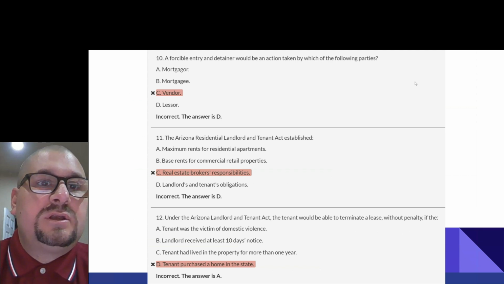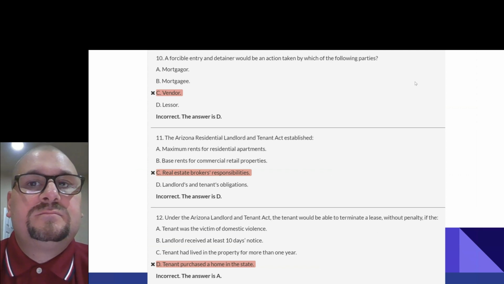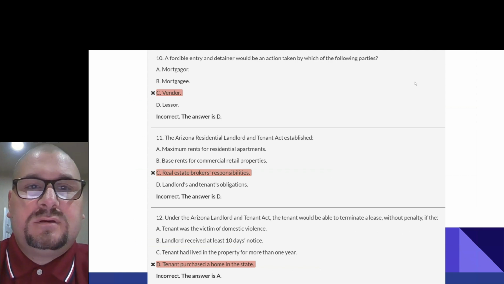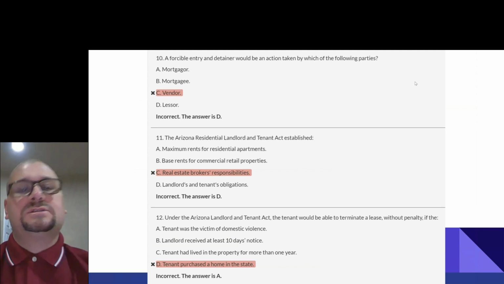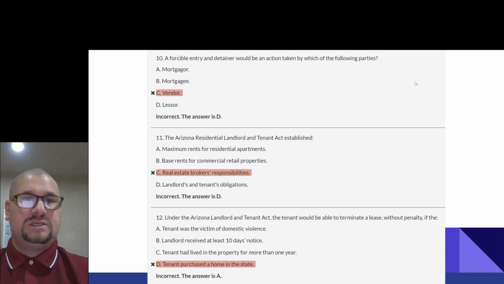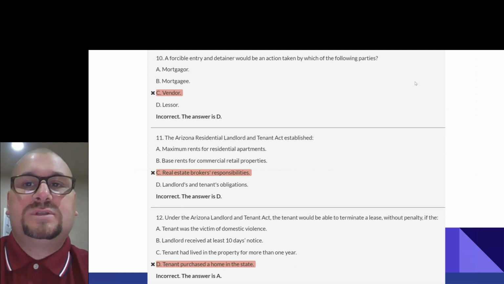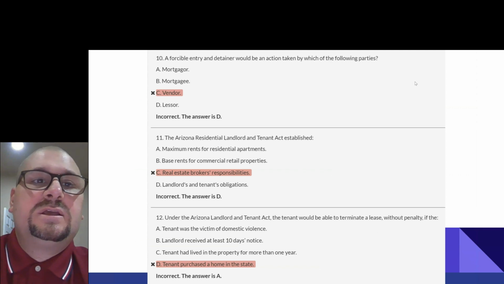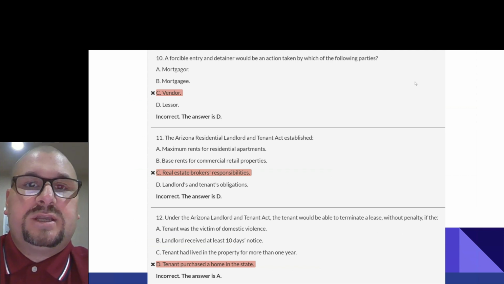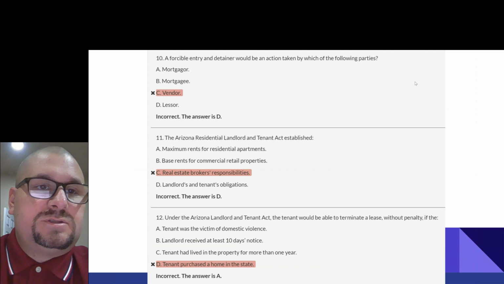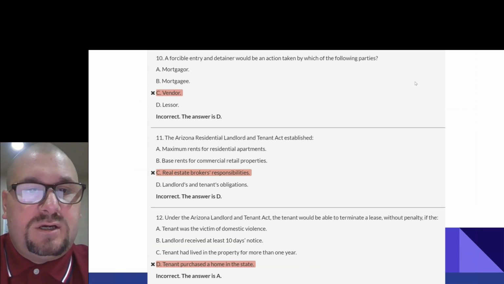You've got the lessor renting to the lessee, so the lessor would take that action. They would have a forcible entry and detainer. Is it the mortgagor, mortgagee? No. Vendor? No.